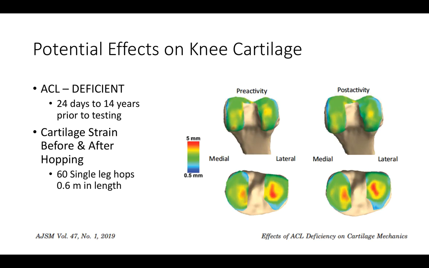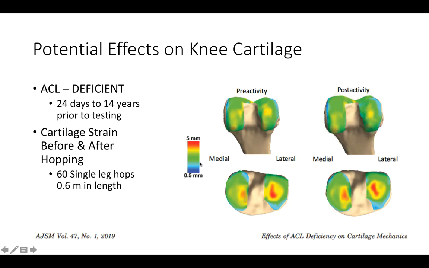So some patients had lived with an ACL deficiency for quite a long time. They used MRIs to model cartilage strain before and after a hopping task. The hopping task was having the patients perform 60 single leg hops, a distance of 0.6 meters, before and after they did the MRIs.